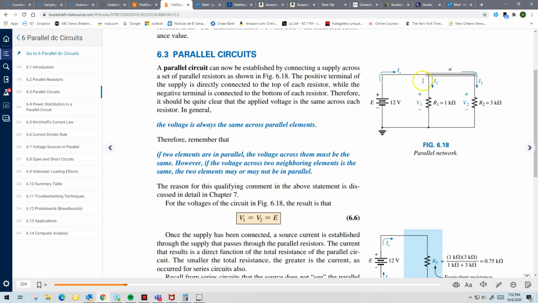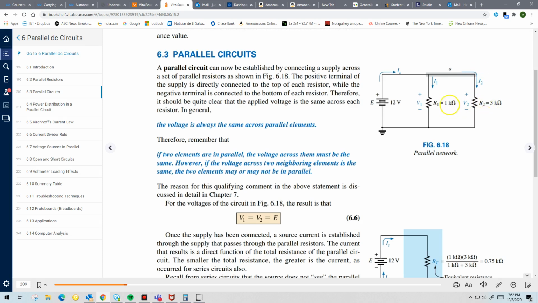In the case of R1, the voltage across R1 is 12, so the current will be 12 divided by 1, or 12 milliamps. The voltage across R2 is 12 volts as well, so the current I2 is going to be 12 divided by 3 kilo ohms, which, because it's kilo ohms, is 4 milliamps.